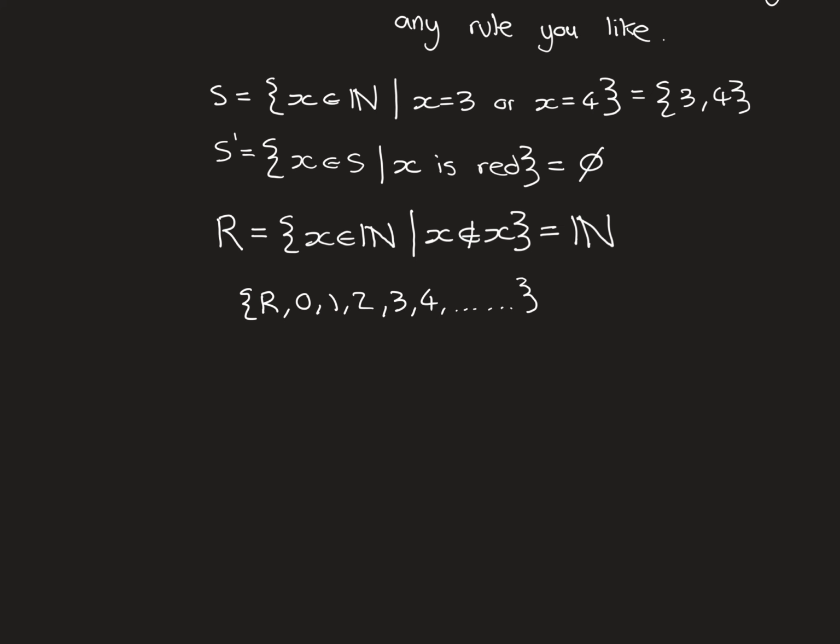So if we had the natural numbers union this set containing R, and we were taking instead the subset of this, so imagine now instead of n we've got n union R here, we'd actually be faced then with the same problem, because R could neither be inside itself nor outside of itself, because if it was inside itself then it shouldn't be inside itself because it contains itself, but if it's outside of itself then it should be inside of itself because it doesn't contain itself.